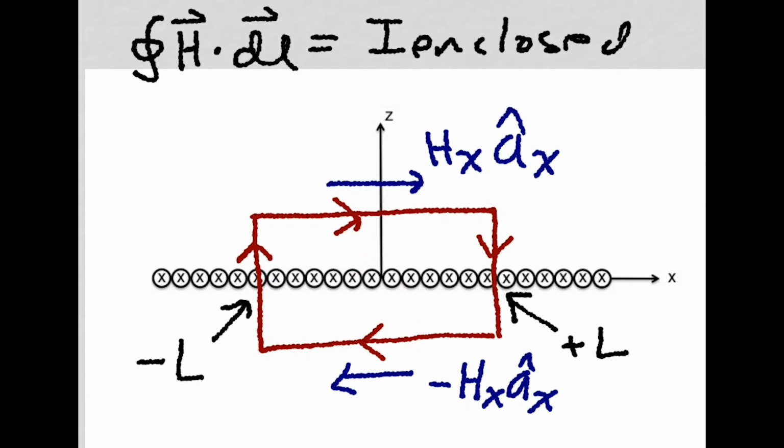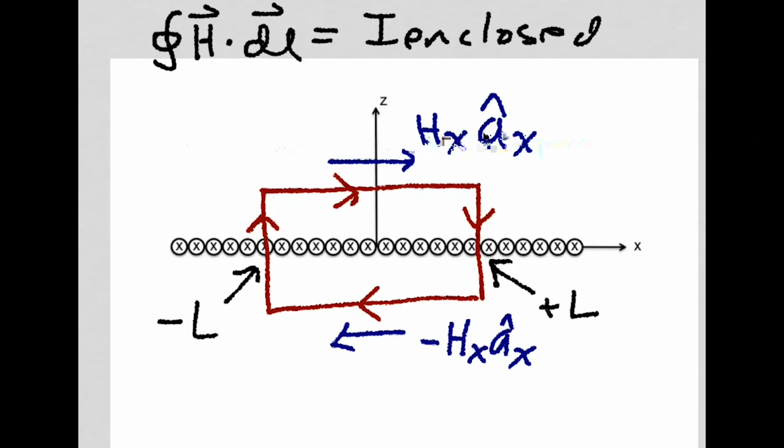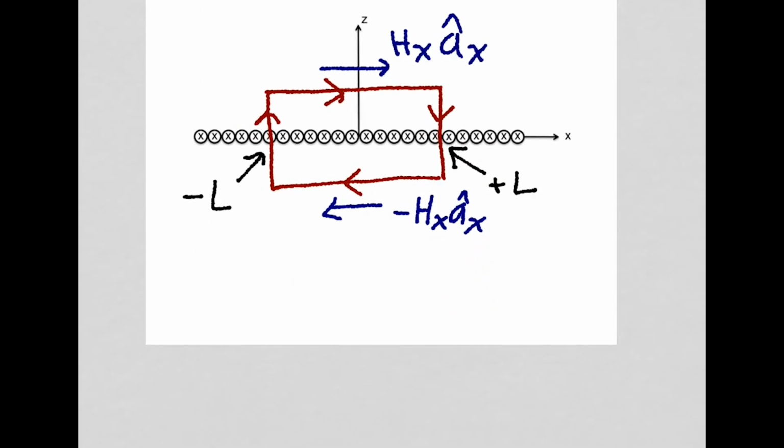Okay, so let's find the integral of H dot dl. We'll start along this surface here. H is in the direction of our integration, so the integral of H dot dl from this point to this point will just be H sub x times 2L, our path length.